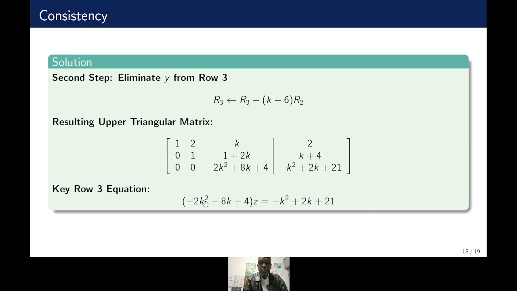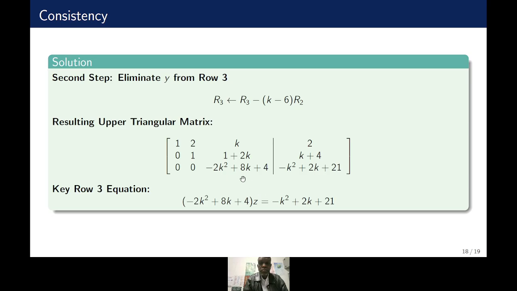If the left hand side is not equal to 0, you have a unique solution. But if the left hand side and the right hand side are both equal to 0, then we have an infinite number of solutions.